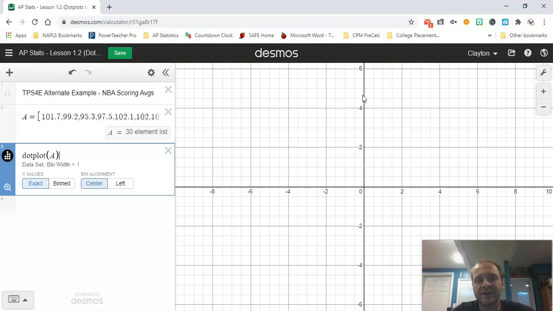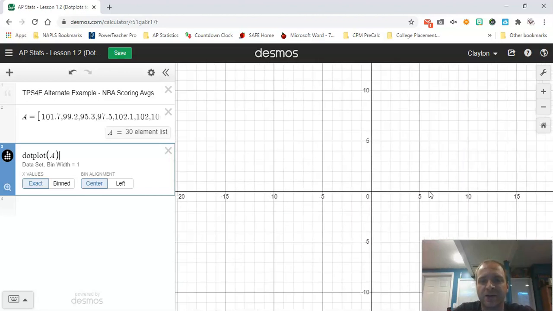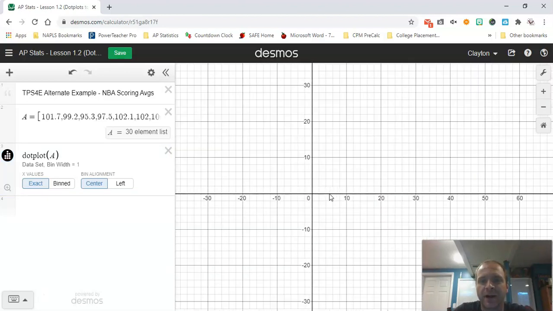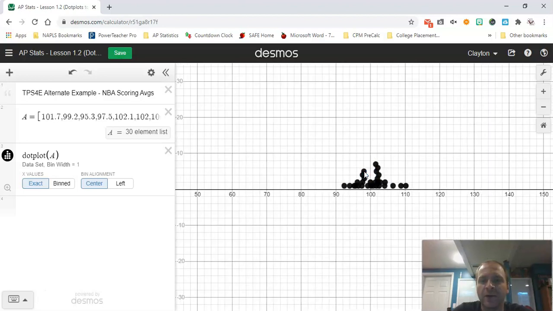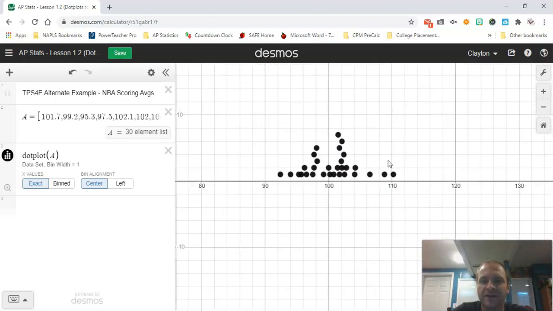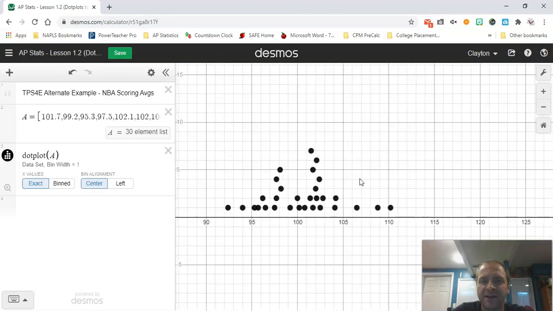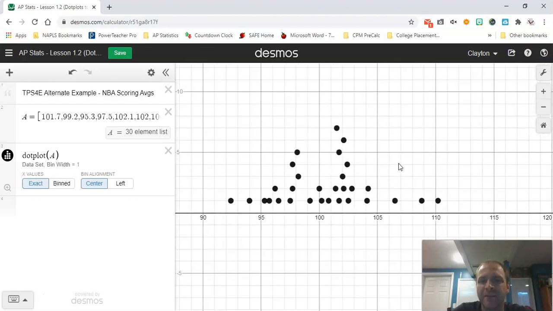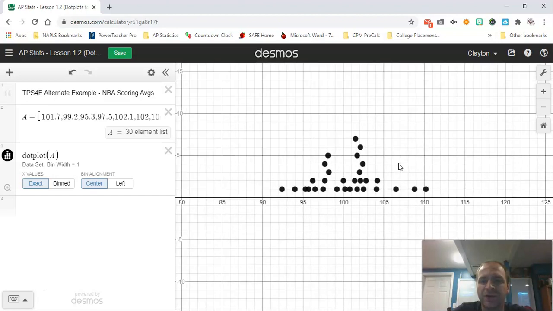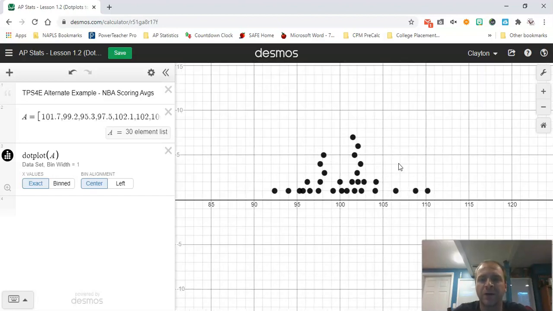I mean, 101.7, 99.2. So I'm going to zoom out and scroll over, and you might be able to notice there's the dot plot. I'm going to zoom in on this area, and we can see the dot plot. Again, that's a lot of information for us. So maybe I'm going to want to zoom out and make sure I'm good.